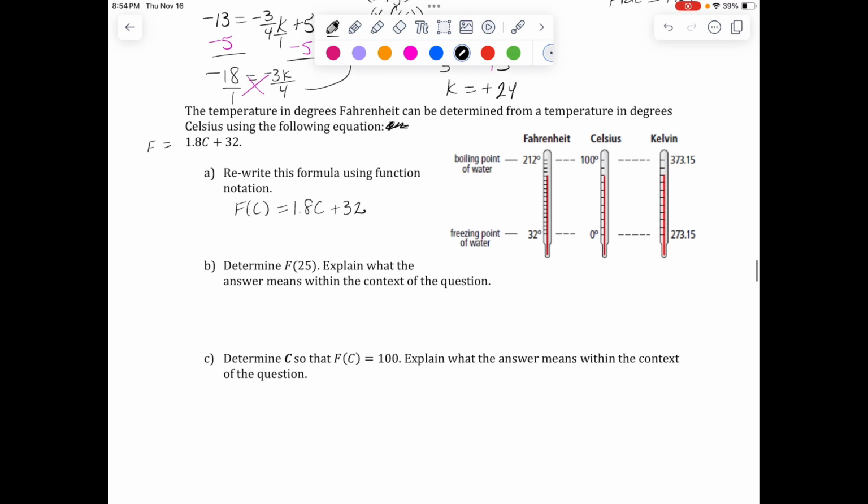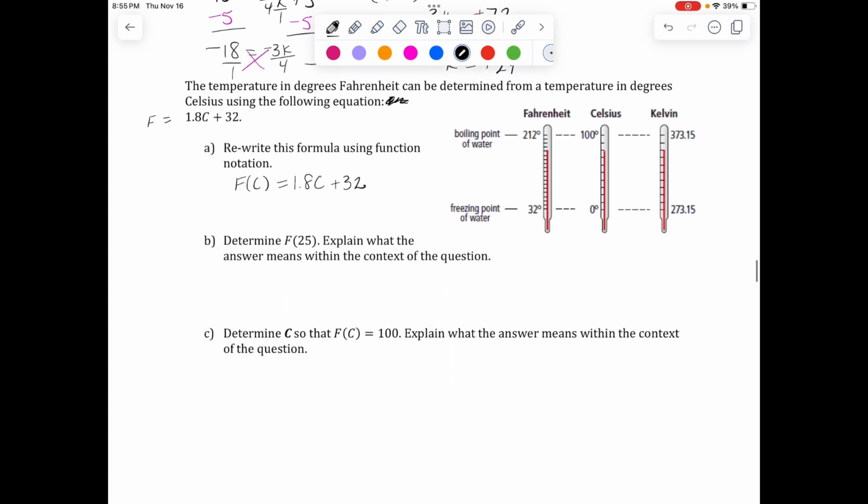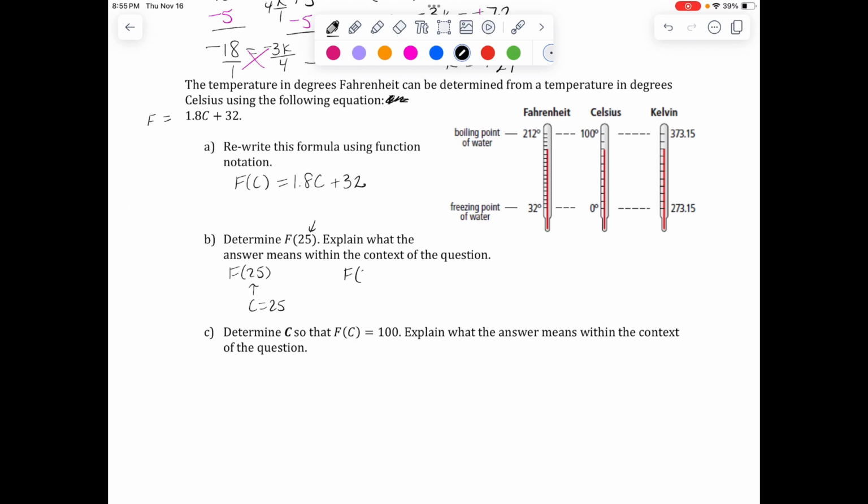And now this says determine F of 25. So F of 25 means C is 25. When it's 25 degrees Celsius, what's the Fahrenheit temperature? So F of 25 is equal to 1.8 times 25 plus 32.